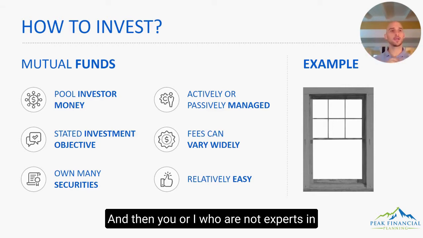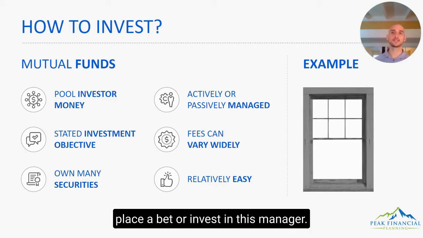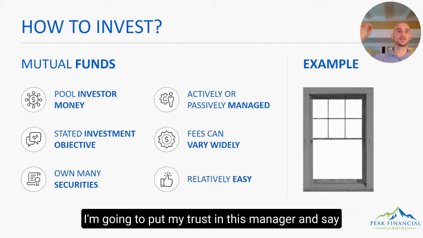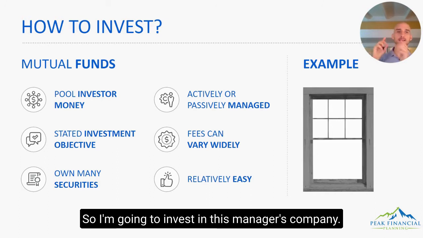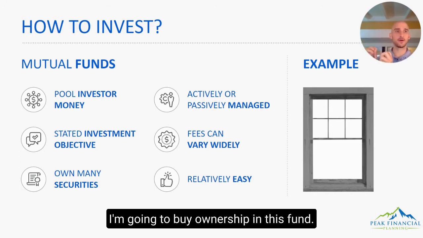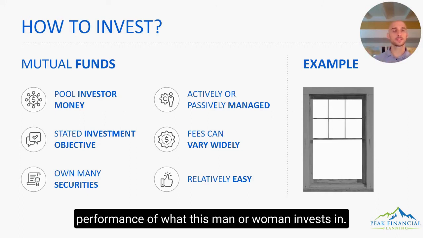And then you or I, who are not experts in investments, can then go and say, hey, I'm going to place a bet or invest in this manager. I'm going to put my trust in this manager and say he or she knows better than I what to invest in. So I'm going to buy ownership in this fund. And that fund's performance will mimic or track the performance of what this man or woman invests in.